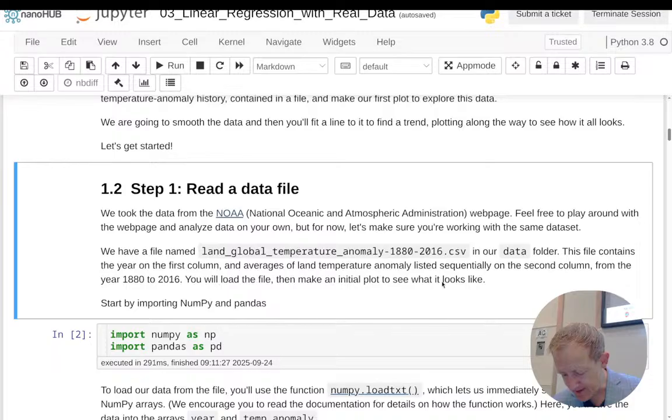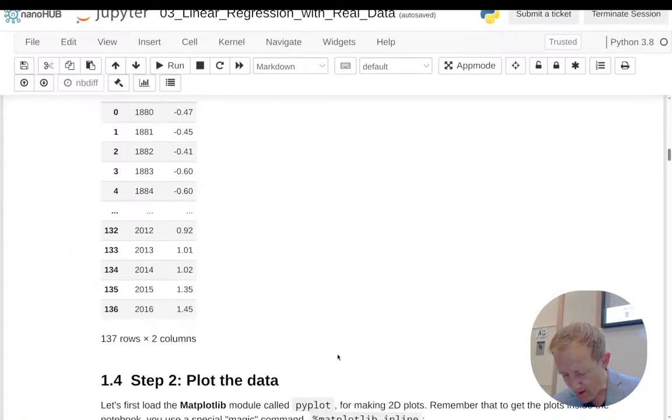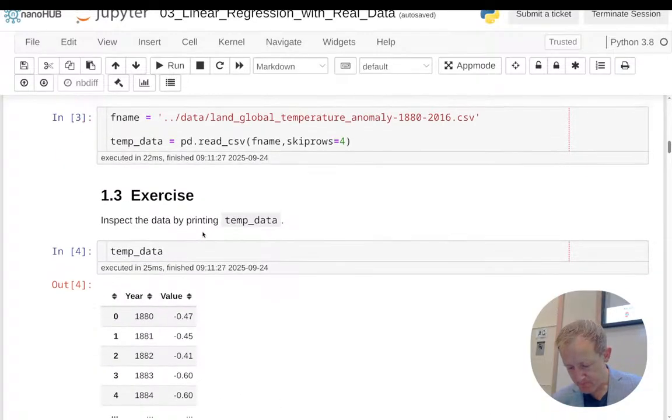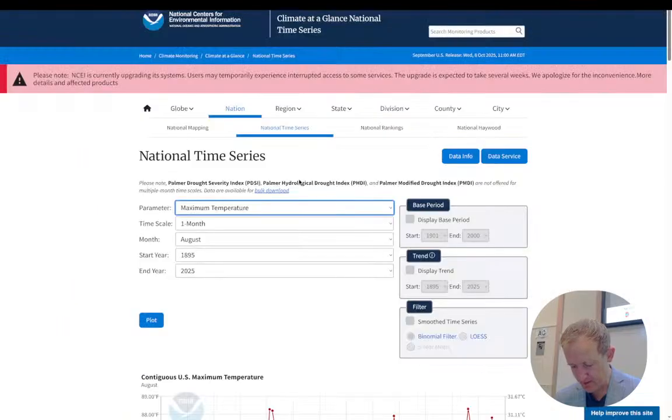We do have access to it, saved in a little CSV file for us. Global land temperature anomaly.